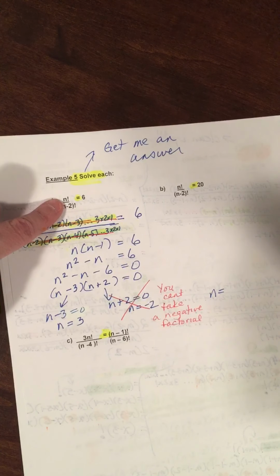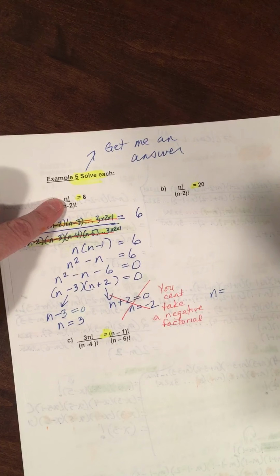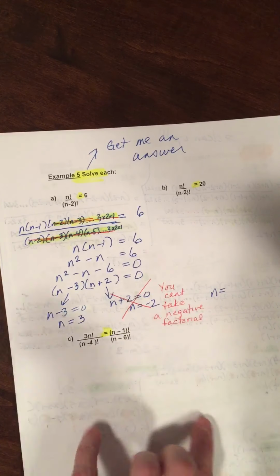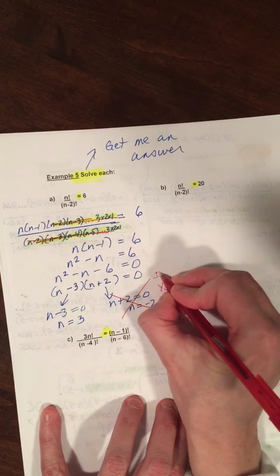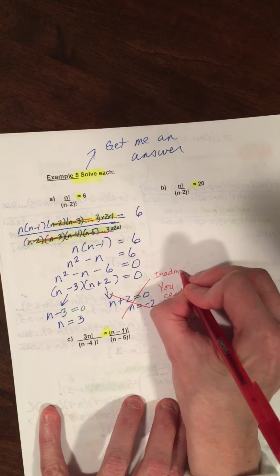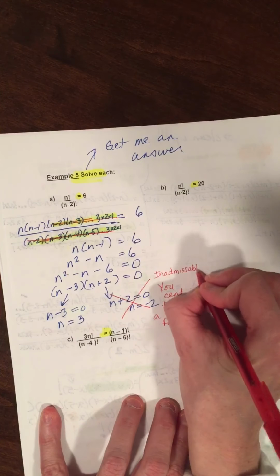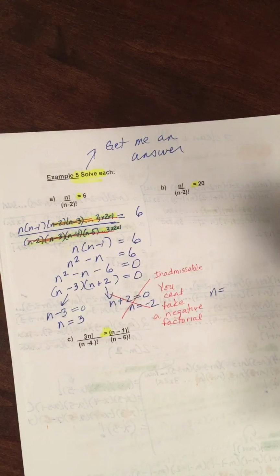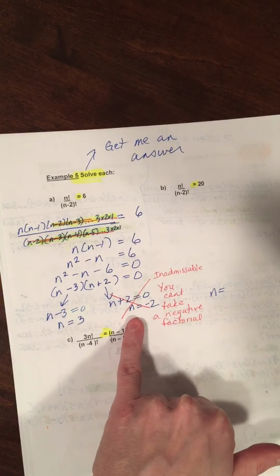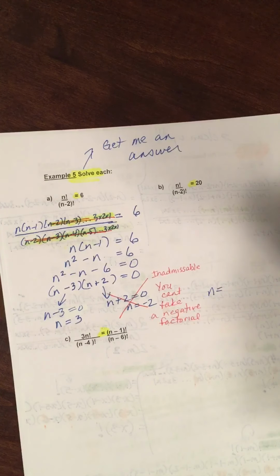So if I went to try to check and substitute in negative 2 right up at the top, and you can try it on your calculator, you can't have a negative factorial. So this option right here is inadmissible. And we're identifying that by putting the x through it. Yes, it's algebraically an option, but with the factorials, it's completely inadmissible.